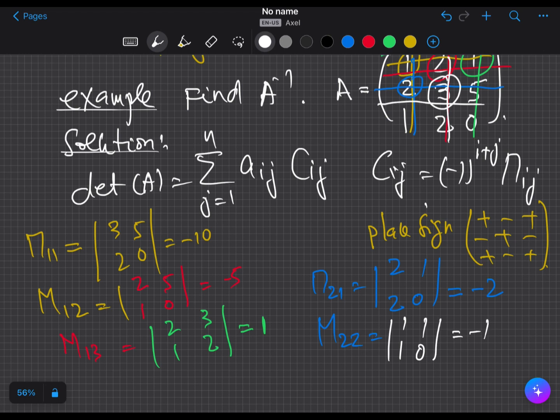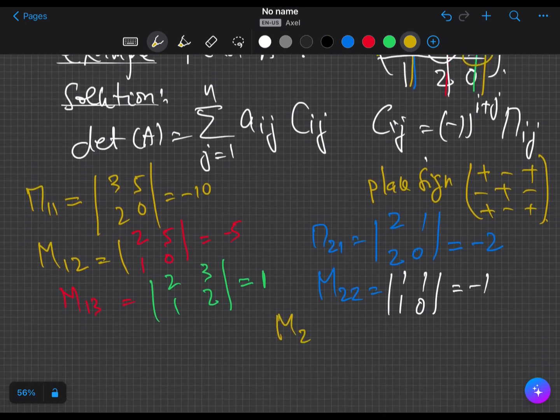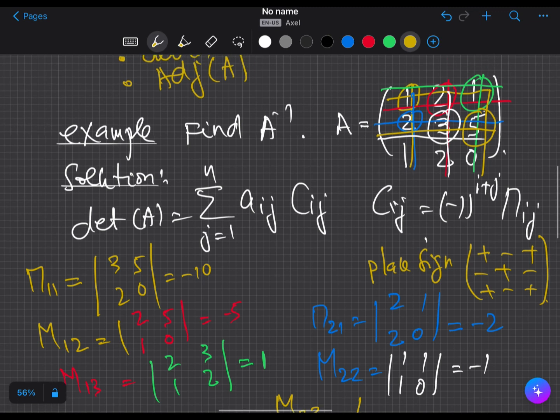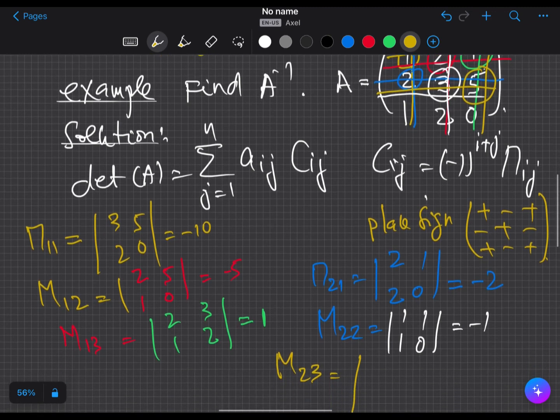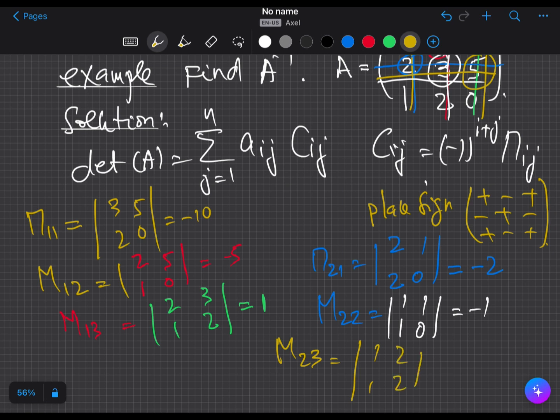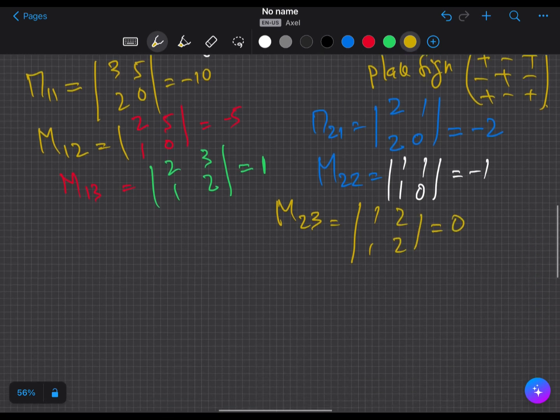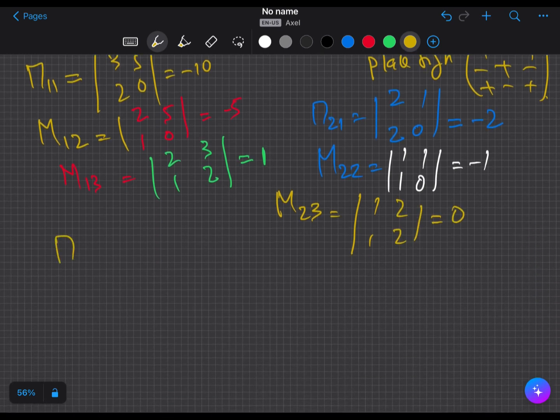And then if I want to find the minor of this element here, I'll be left with the minor of 2, 3: 1, 1, 1, 1, and 2, 2, which is 0. And then you can do the same to find the minors of the elements of the last row.